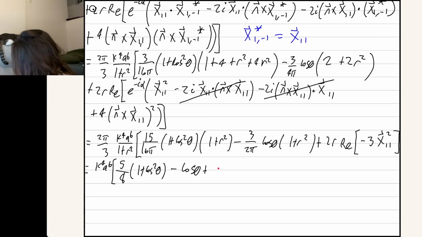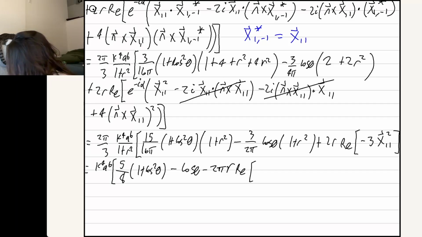And then plus, still got a lot of stuff in here. So 4 pi r over 3 times the real part of, and actually not over 3, and minus, because I'm going to factor out the 3 inside the real part thing. So minus 2 pi r. That's it.